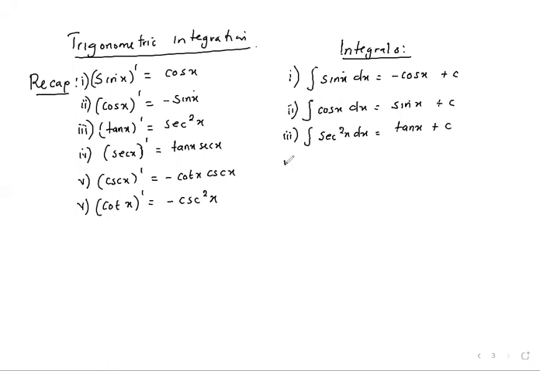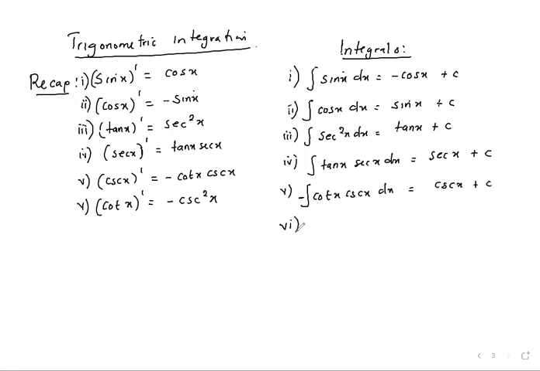And then 4, the integral of tan x sec x dx is going to be sec x plus c. And 5, the integral of minus cot x cosec x dx is going to be cosec x plus c.